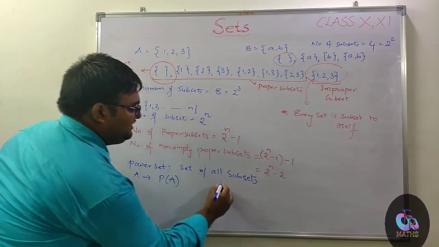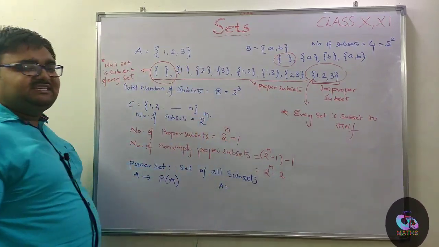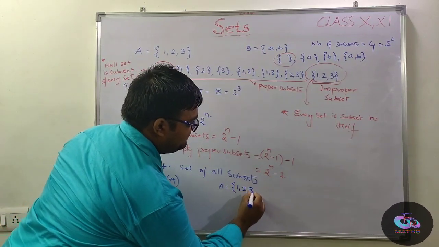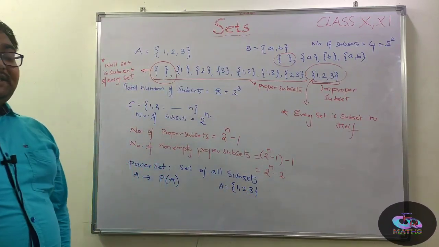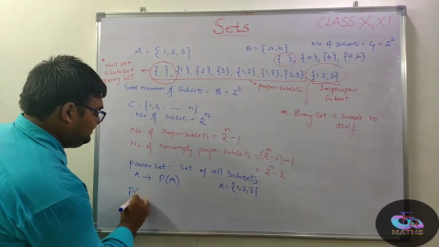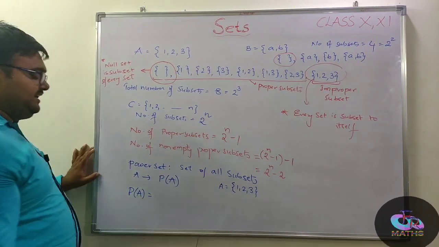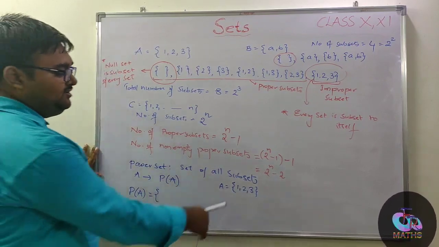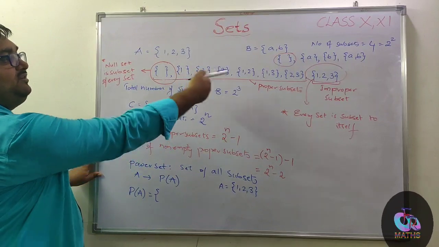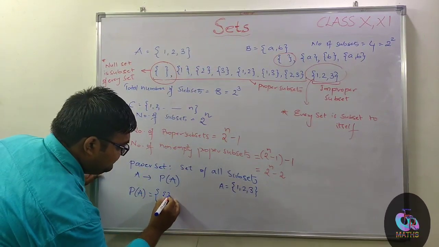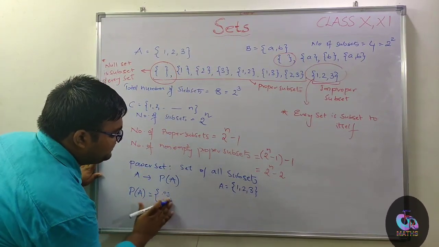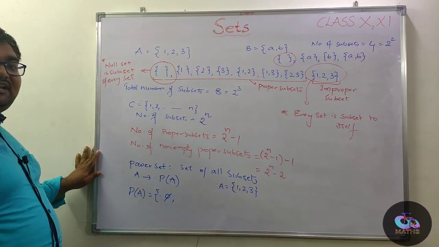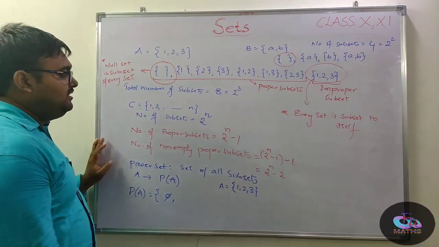Suppose I take one example, the previous example, set A is 1 2 3. Then the power set of A, P of A, is represented by the set of all its subsets. So what are the subsets of A? We have discussed earlier, empty set, or simply I can represent this as phi. Instead of writing empty set I can directly write phi here. So phi.